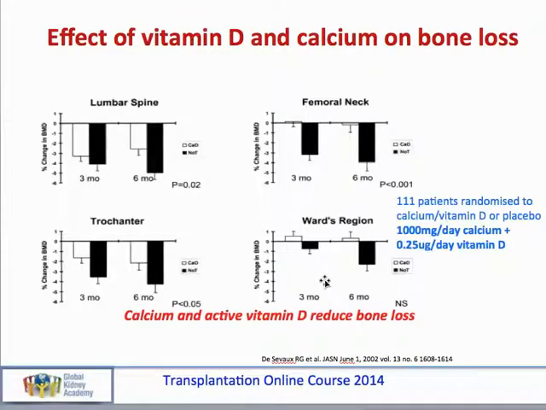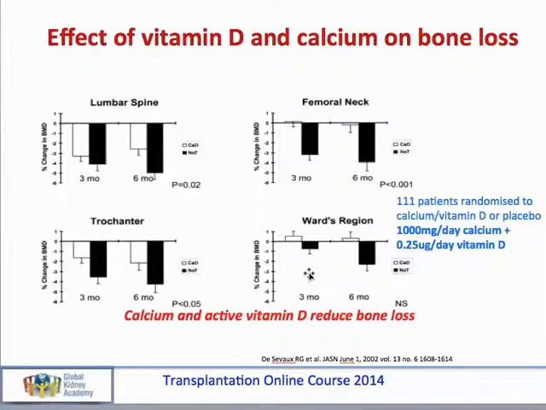This is a much older study, which is from Holland, I think, and this was a randomised controlled trial looking at the effects of calcium and vitamin D supplementation on bone loss post-transplantation, and patients either received 1,000 milligrams of calcium plus 0.25 micrograms per day of vitamin D, or they didn't receive any treatment at all.